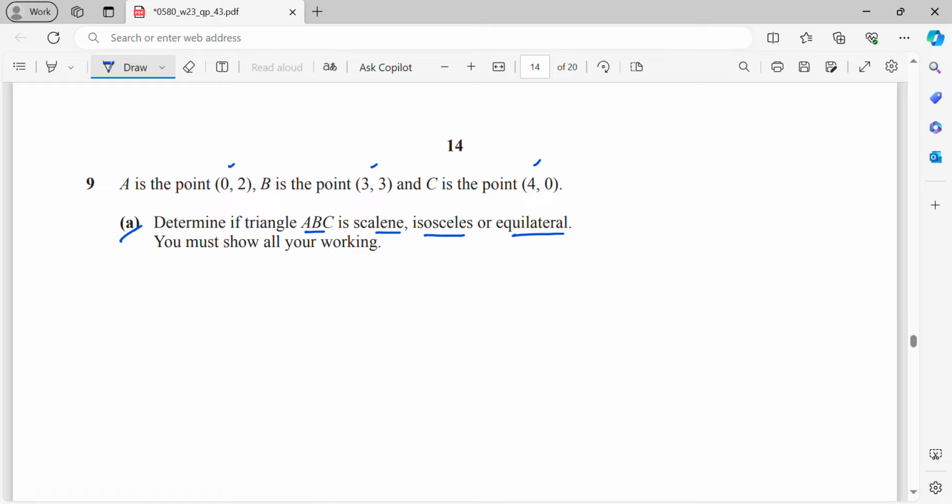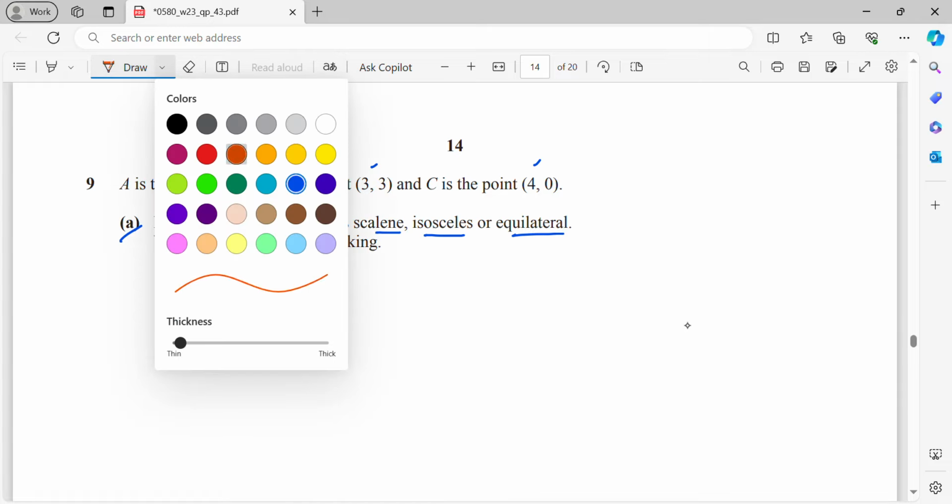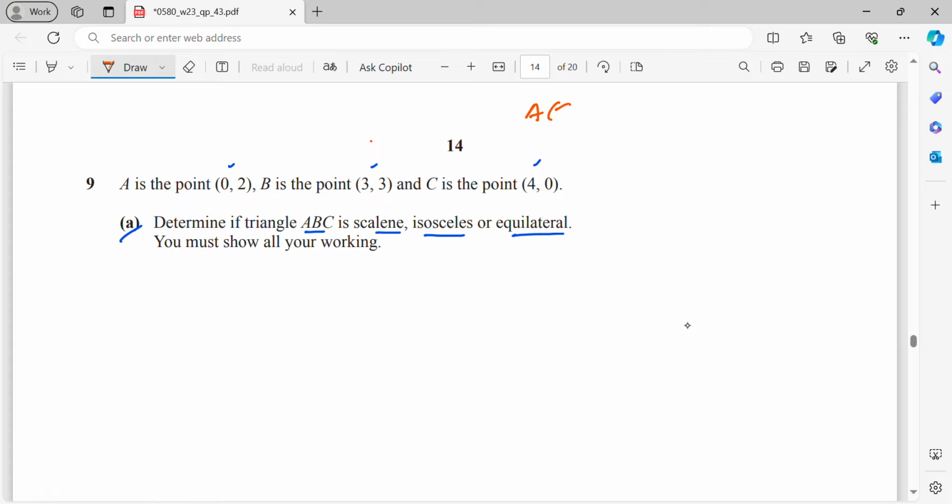So for all these three cases, you can just calculate their lengths. Okay, just for information, if A is x1, y1, B is x2, y2, then the length AB will be the square root of x1 minus x2 squared plus y1 minus y2 squared.